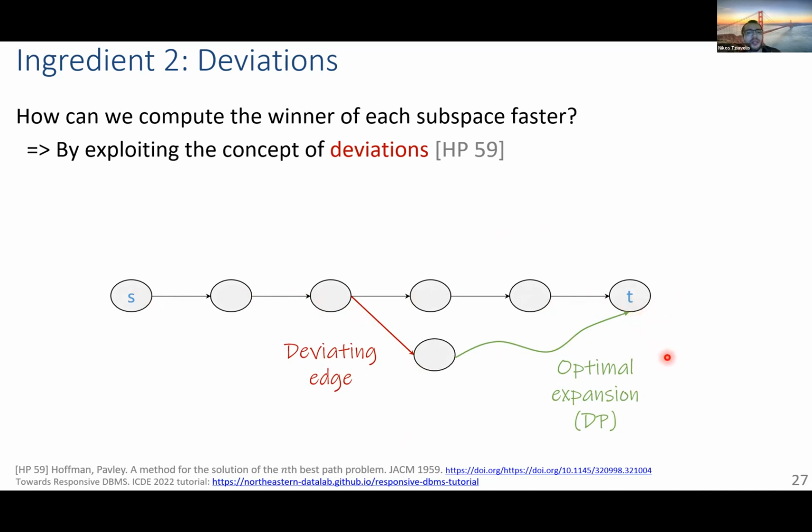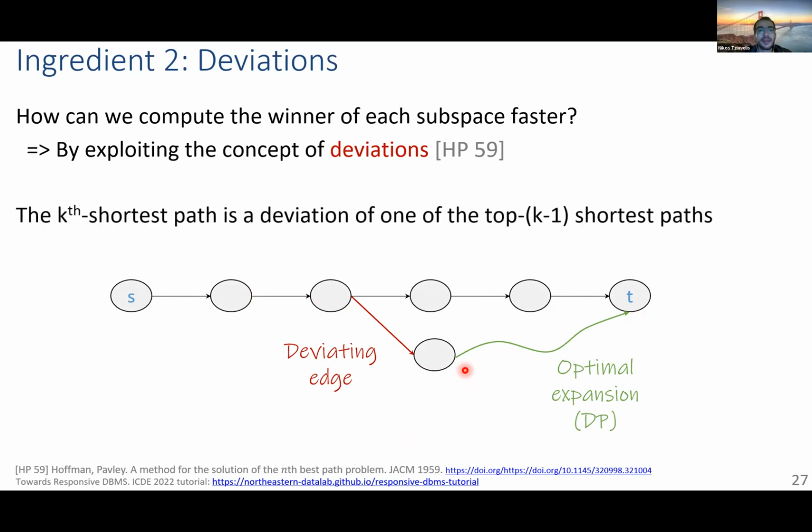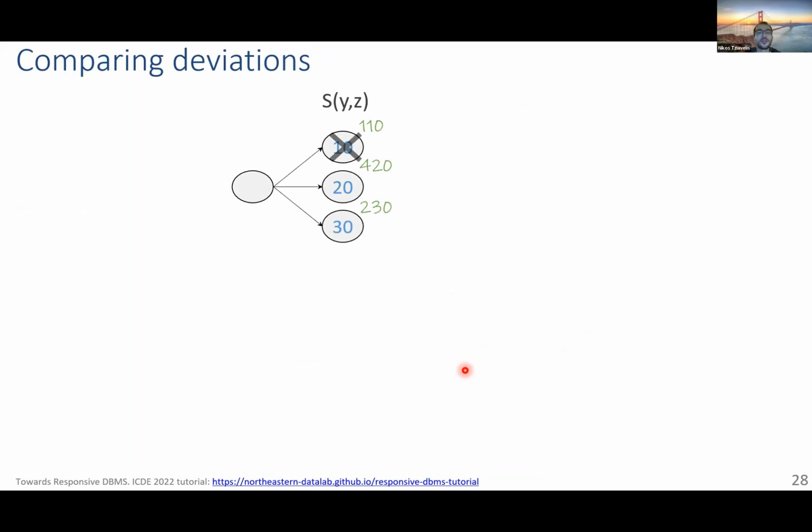Optimally means exactly how dynamic programming would go, essentially the shortest path. What Hoffman and Pavley proved is that the kth shortest path is a deviation of one of the top k-1 shortest paths. So if you have already enumerated k-1, you have to take their deviations, and one of those deviations has to be the next one. That's what we use in order to solve the top one problem efficiently.